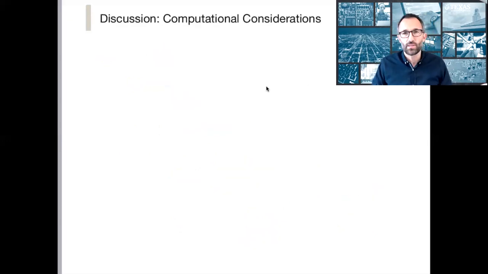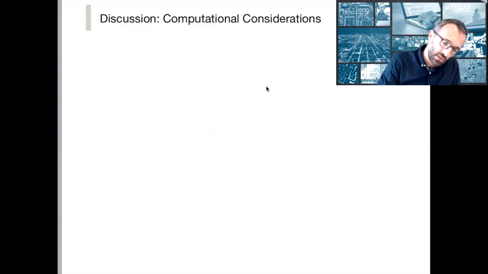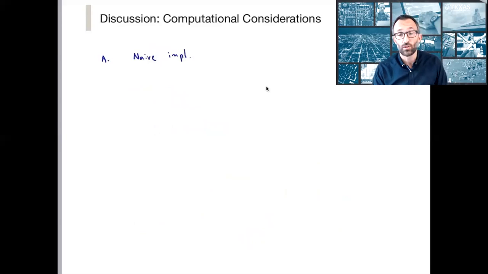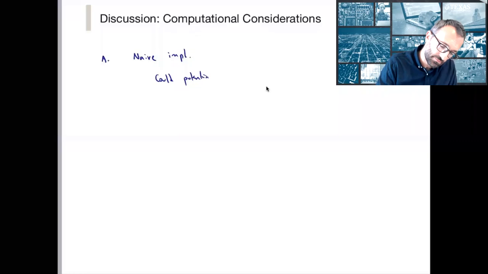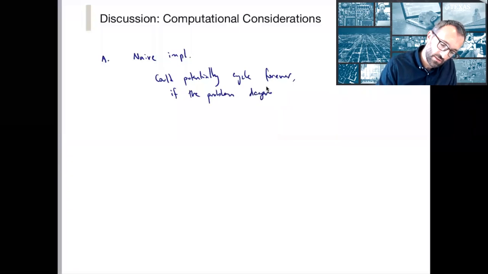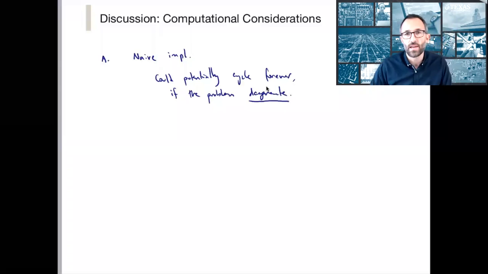Now, just wrapping up, I want to say a few things about computational considerations. So first, a very naive implementation could have us cycle forever if the problem is what is called degenerate. This was introduced at the end of the last lecture.